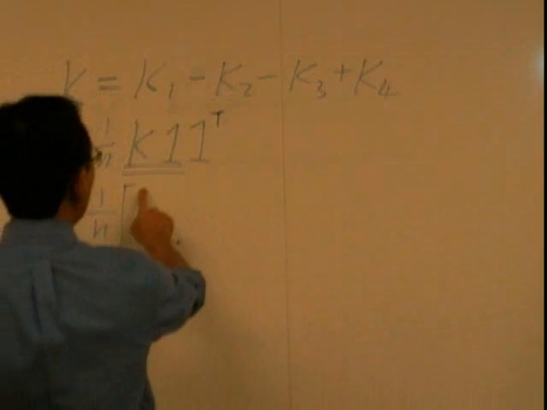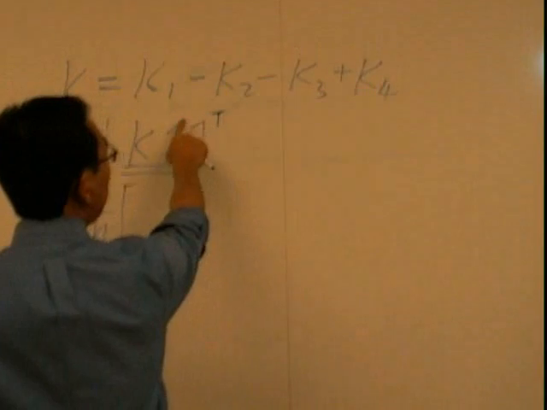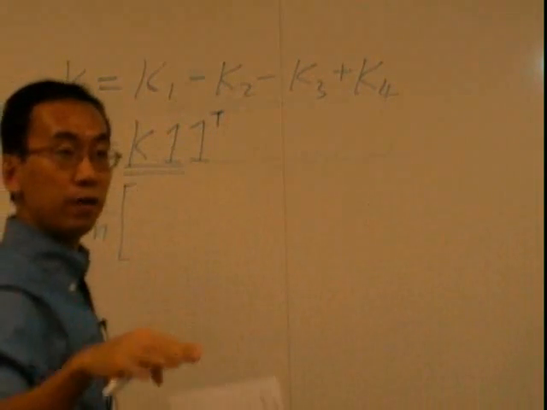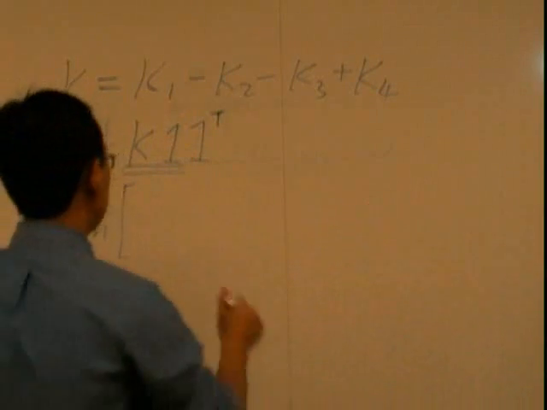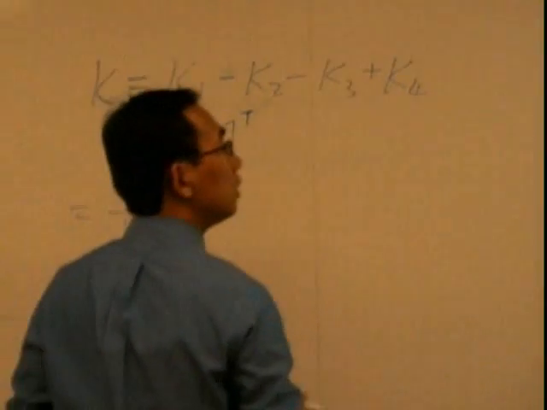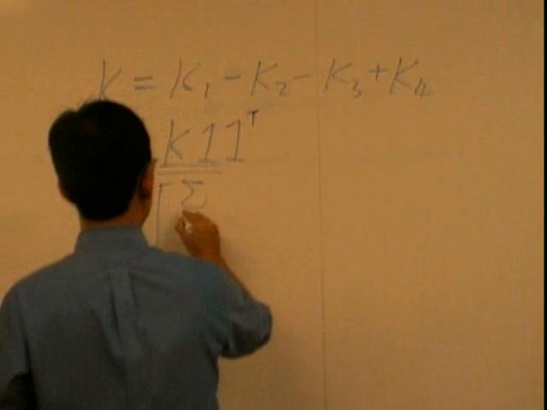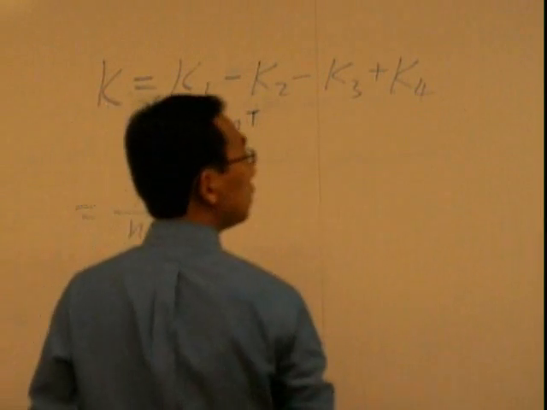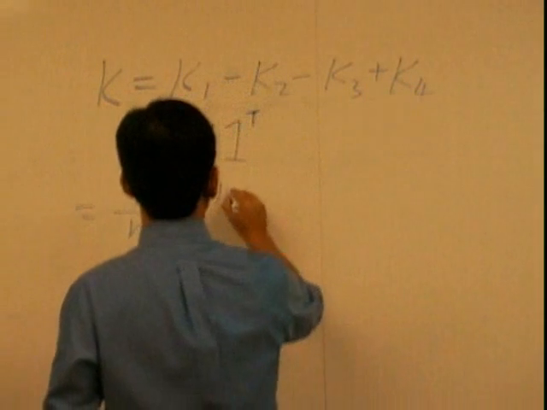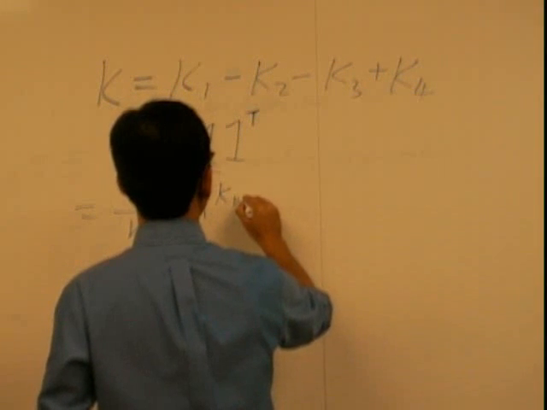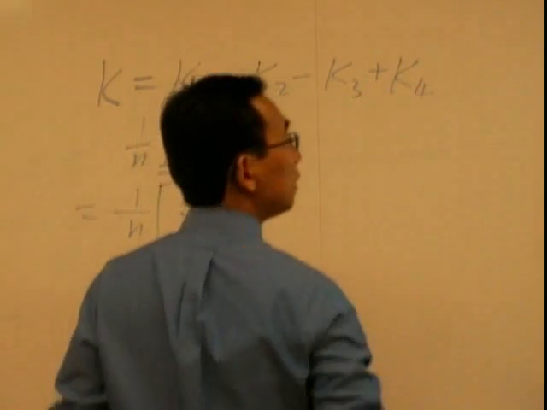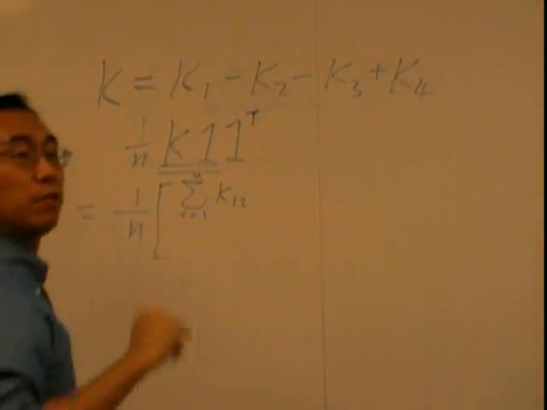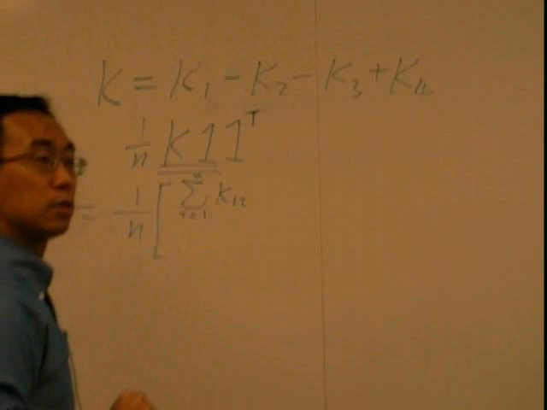This one will give you the sum of the first row of K, the sum over 1 to n of K_1i, the sum of the first row of the K matrix.